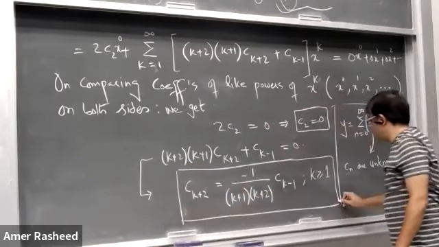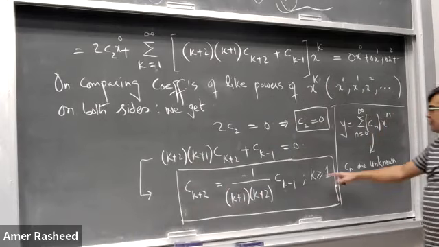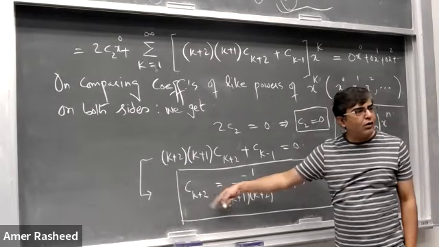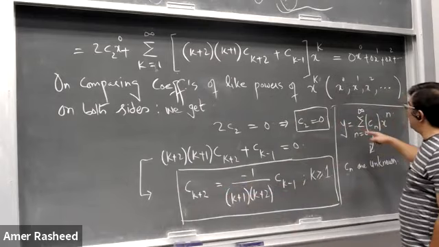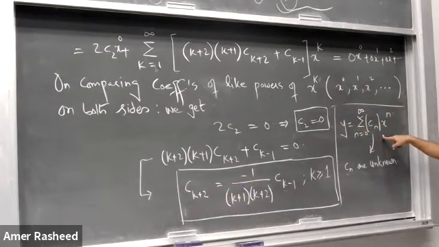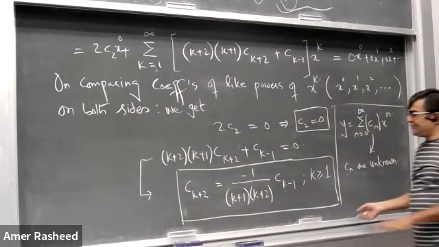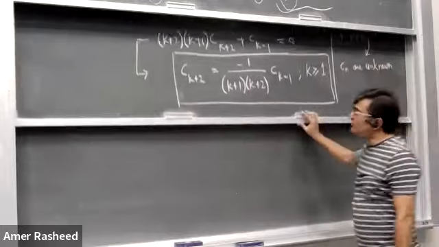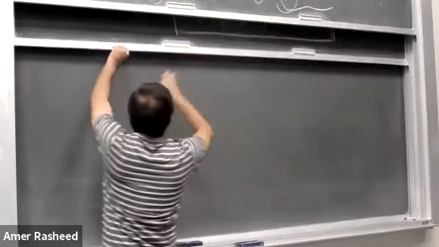Now this is a recursive relation. We put successive values of k in order to get the values of all the coefficients of this power series. Let us try to find the values of the coefficients. Let me write it here again.